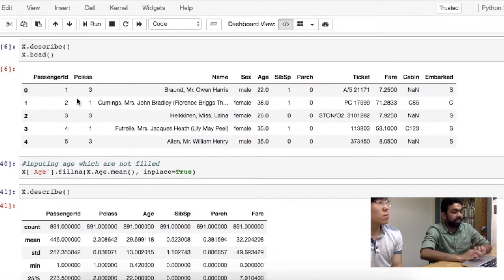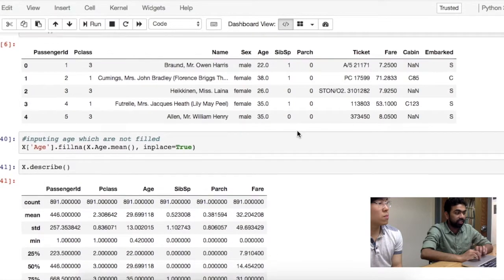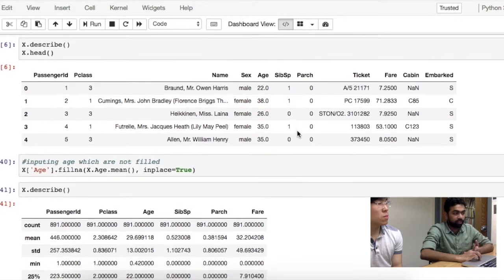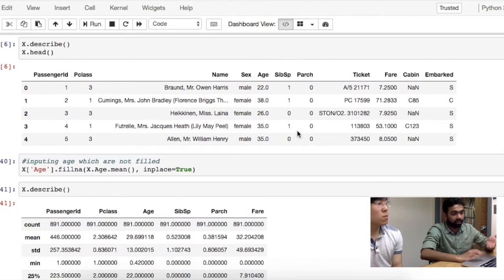So this is the head of the data. You can see here Mr. Owen Harry and so on, everything written in alphabets, but a machine cannot understand alphabets. A machine takes input as ones and zeros only, in binary. So to solve this problem, I have to train the algorithm I've written to understand the data.